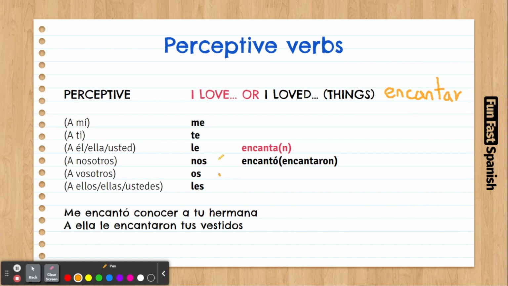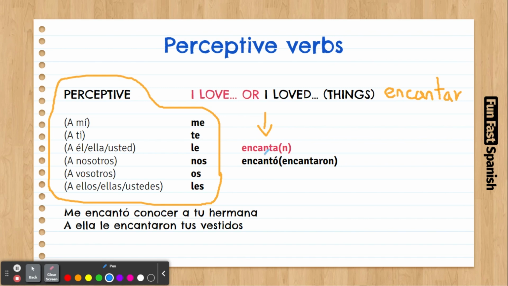It's pretty much the same thing we did before, but with a different verb. So, the perceptive structure, you already know it by heart: a mí me, a ti te, a él le, a nosotros nos, and so on. And here we have the verb encantar. For present tense, we are going to use encanta, or encantan if it's plural.